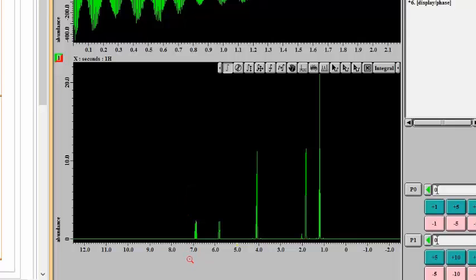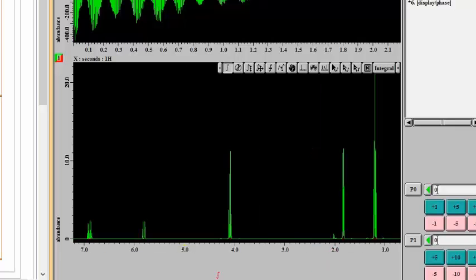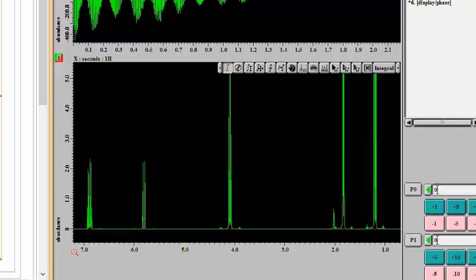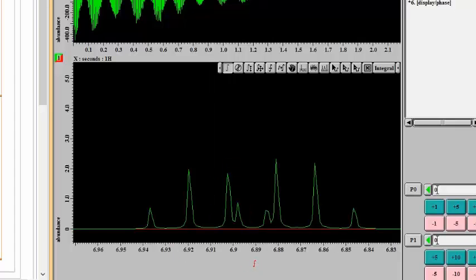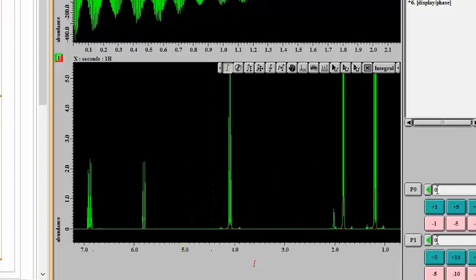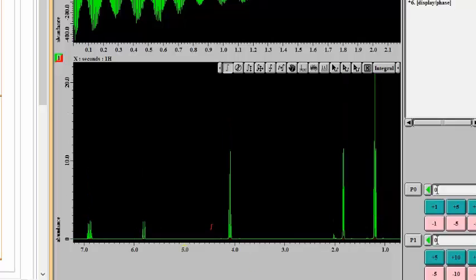So I'm going to use that, click in the gray area so that it just magnifies in the X direction, and that brings up the signal here. I can do the same thing on the Y axis if I want to zoom in, and I can zoom in multiple times. If I hit the backspace key, there's sort of an undo on the zooms.